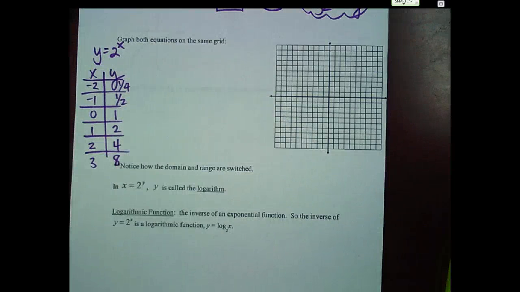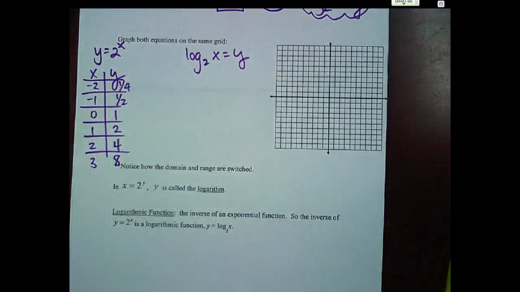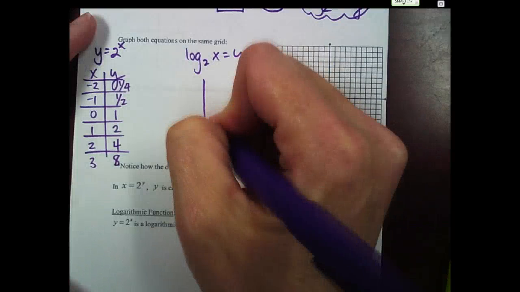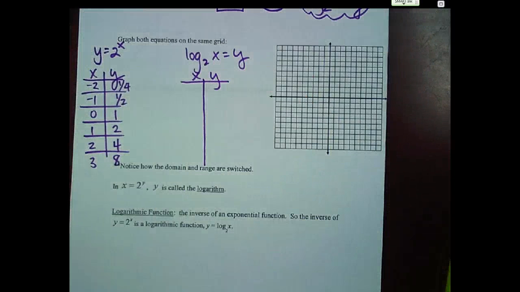Now, when we found the inverse, we flipped x and y and solved for y. And when we did that, we came up with an inverse function that looked like this. That's not as pretty to find all the answers to, is it? We're not as comfortable with that. If I know those are inverses of each other, what's another way to get my new table?